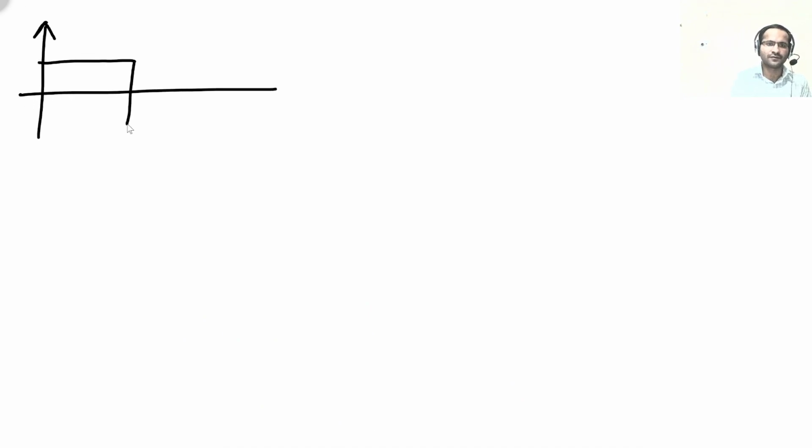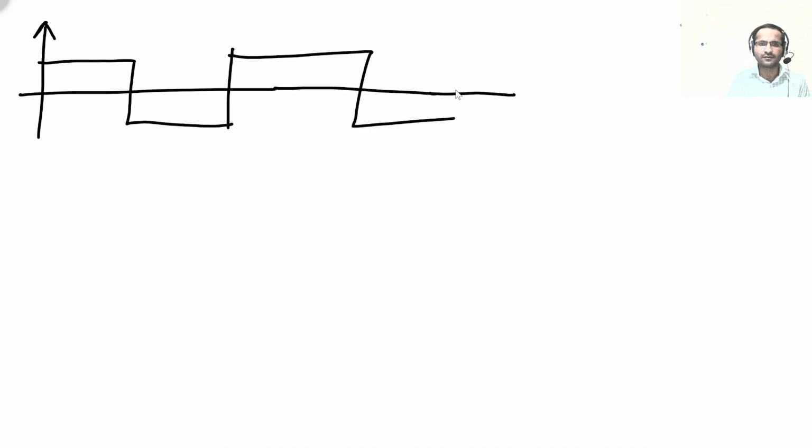So if you do Fourier series analysis of this waveform, which is the non-sinusoidal source current waveform of the full bridge converter, if you do the harmonic analysis of this, we know that we can represent the Fourier series in equation form.